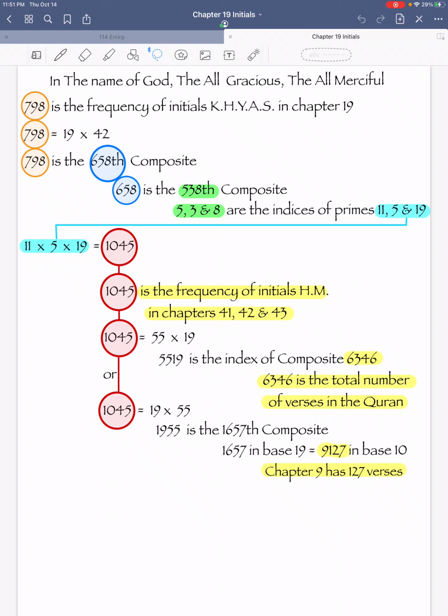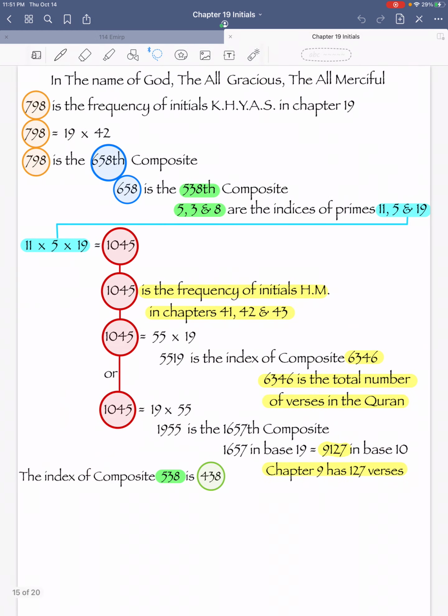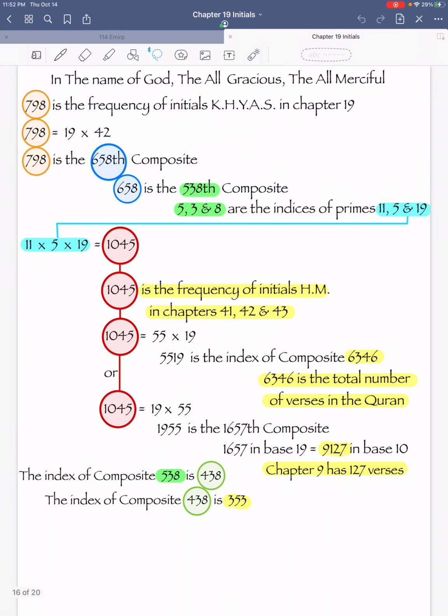There's more. Let's take a look at number 538, the one that I highlighted in green on top of the page. There's more to that number. 538 is a composite number, and the index of this composite 538 is 438. 438 is also a composite number, and the index of composite 438 is 353.